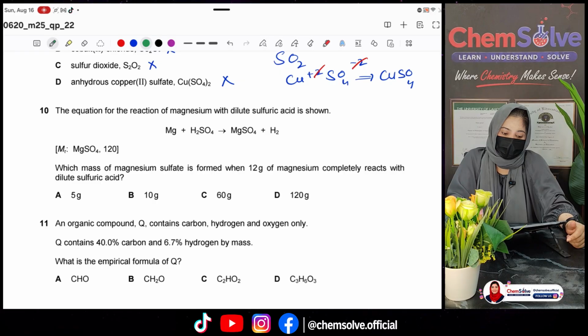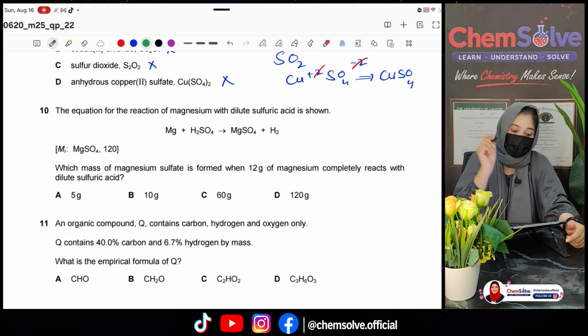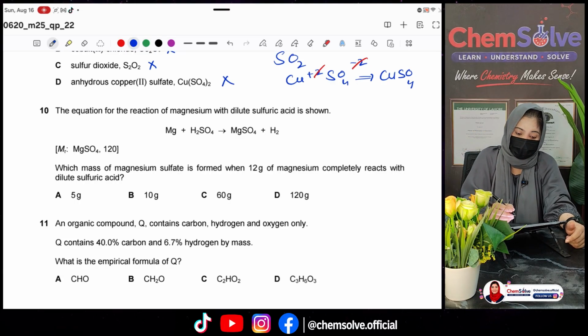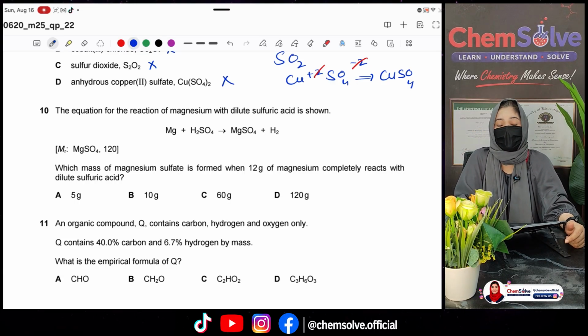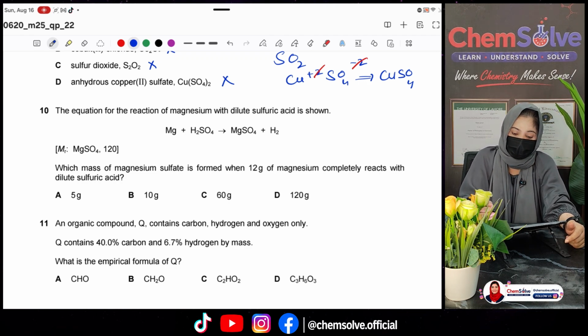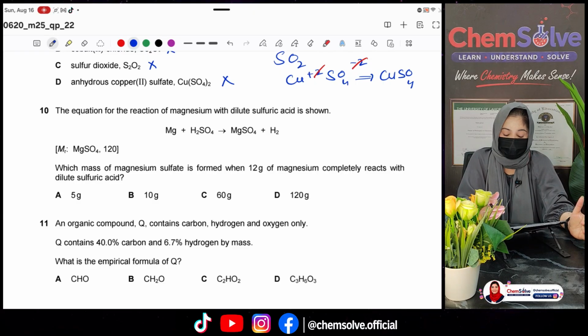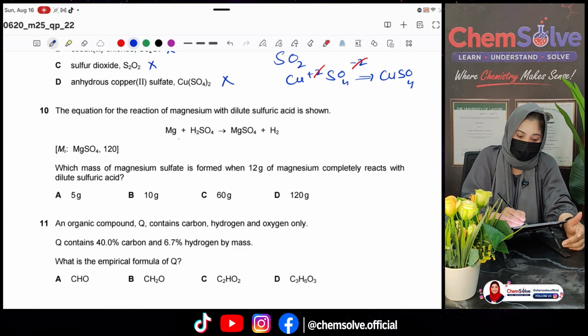The equation for the reaction of magnesium with dilute sulfuric acid is shown. Magnesium sulfate has a molar mass of 120. Which mass of magnesium sulfate is formed when 12 gram of magnesium completely reacts with the dilute sulfuric acid? Okay. So what is the ratio here? I'm not going to convert them into moles because I am provided with the mass and the answer is also in the mass. So let's just deal with the masses.